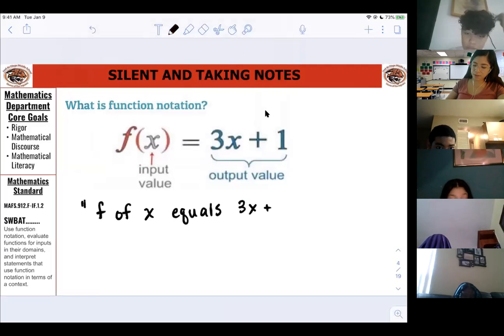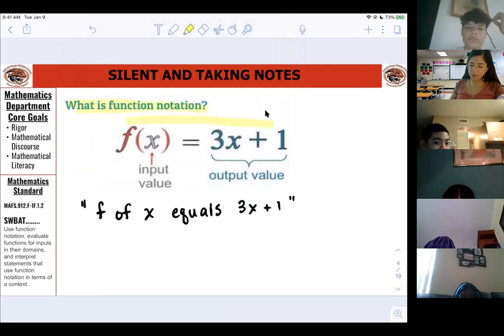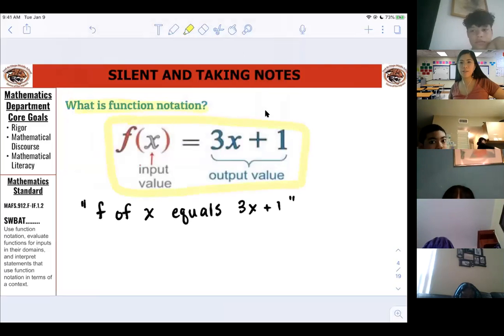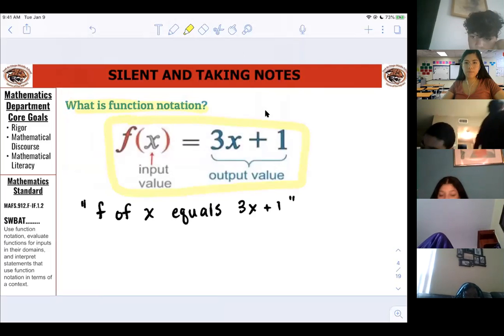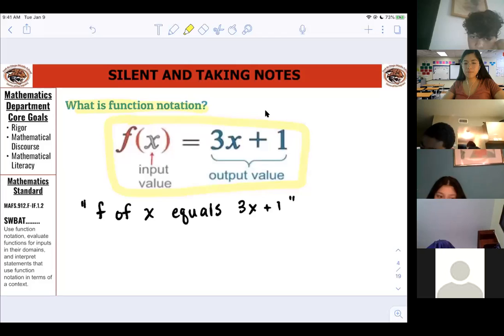3x plus 1. Again, you don't have to write this down. Actually, you know what you should write down is just this. As a matter of fact, go ahead and take 30 seconds to just write that down. Great. The equation thingy.